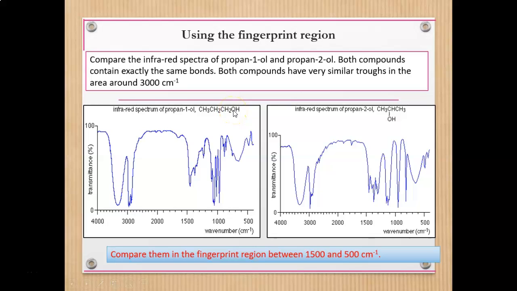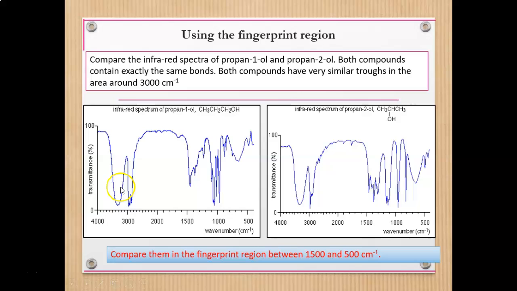The difference is the placement of the OH bond. For propan-2-ol, the OH lies at carbon number 2, and for propan-1-ol, it lies on carbon number 1.